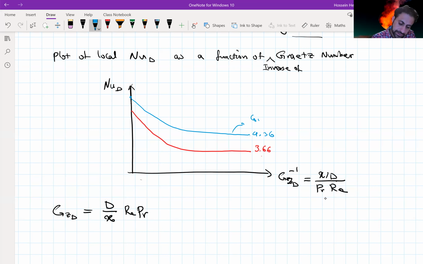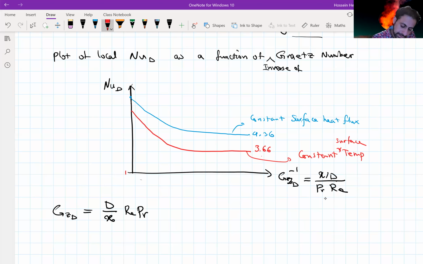So this is for the constant surface heat flux. That's going to be the change of the local Nusselt number, and this is going to be for the constant surface temperature.